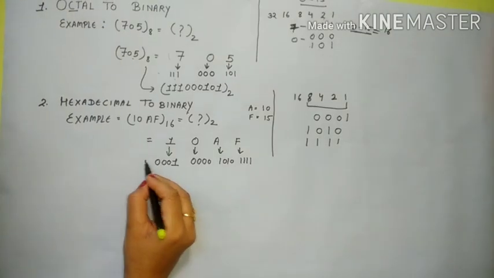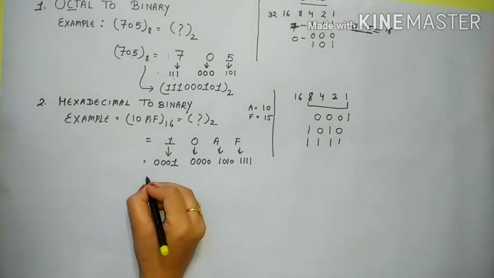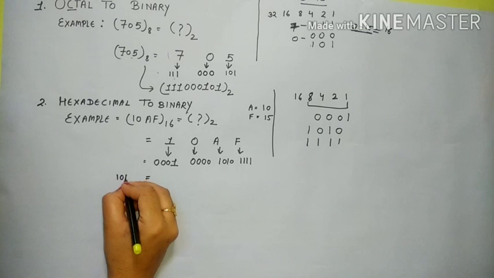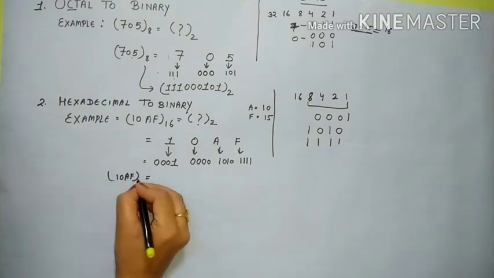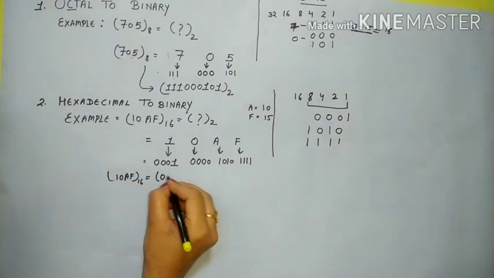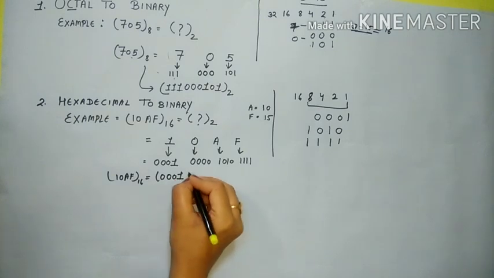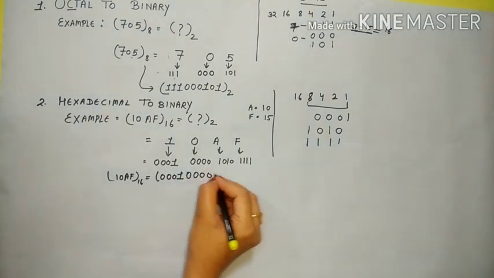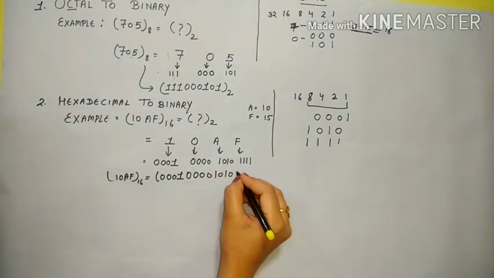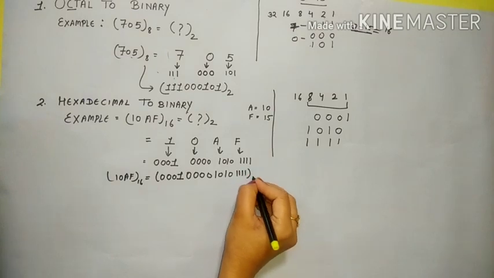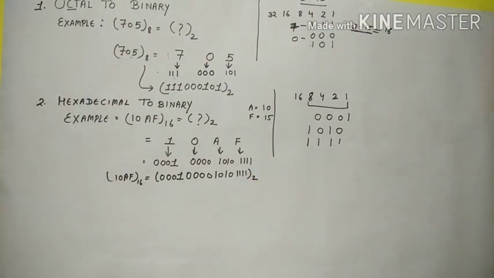Now merge it all together. So the equivalent binary number to 10AF to the base 16 will be 4 times 0, 1, 0, 1, 0, 4 times 1 to the base 2. So this is how you can convert hexadecimal to binary.